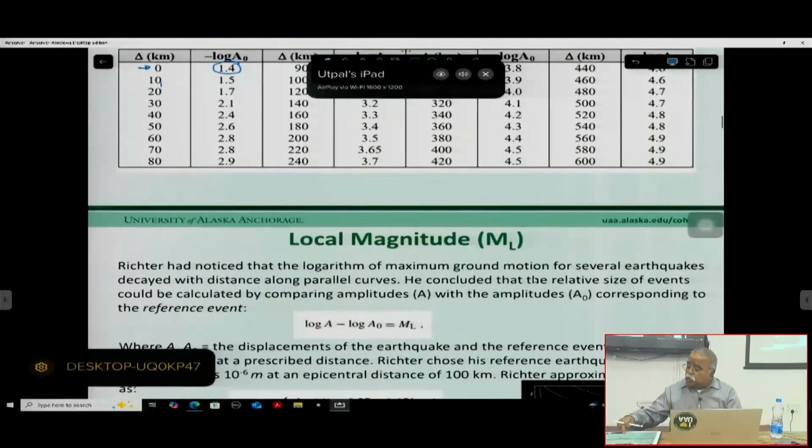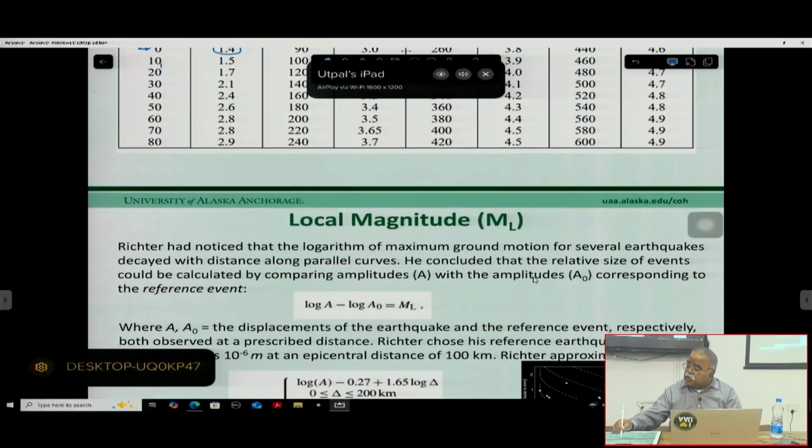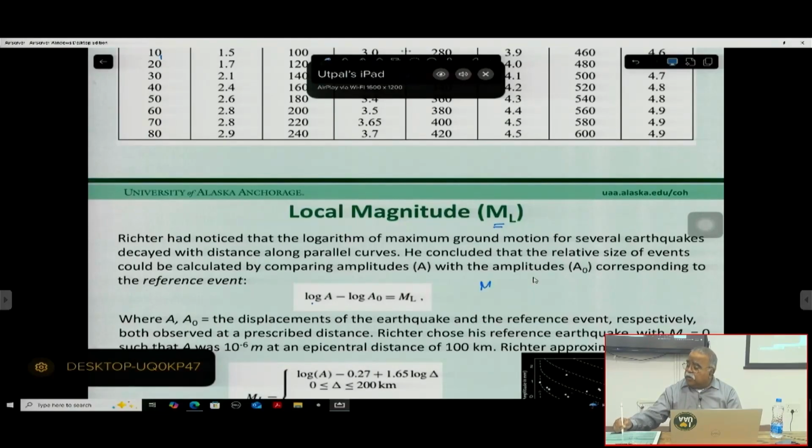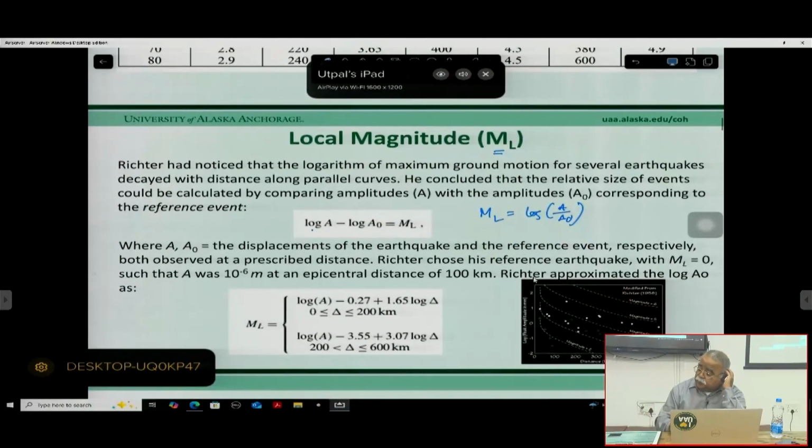So the local magnitude ML will be equal to log A minus log A0. That will be equal to ML. So basically ML equals the log of A divided by A0. That means with zero distance, you have to normalize it, right? So that value you have to calculate for, say, suppose A is a Richter closest reference earthquake, ML0.